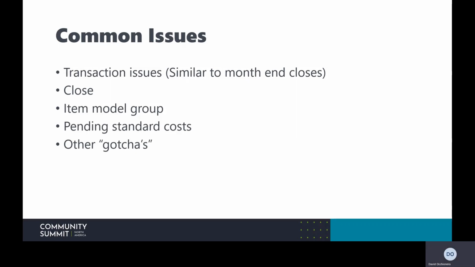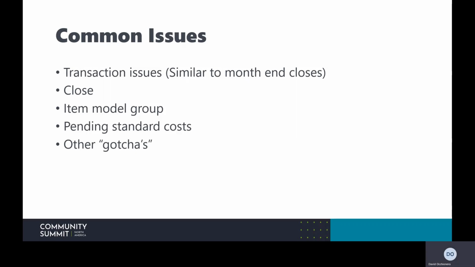Earlier in the configuration section of this presentation, I had mentioned that the item model group needs to be configured and that the negative inventory policy needs to be consistent between the two costing models. So again, just want to reiterate that that setting needs to be consistent.